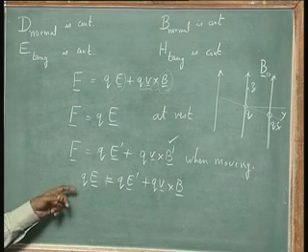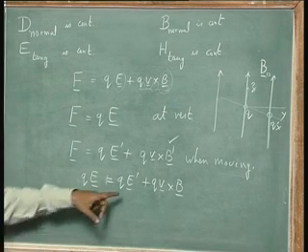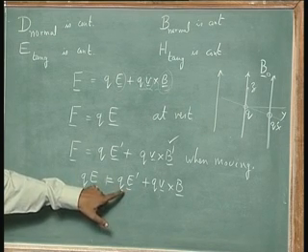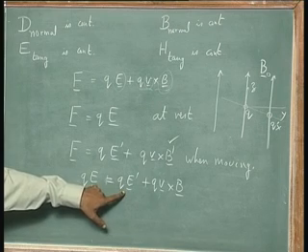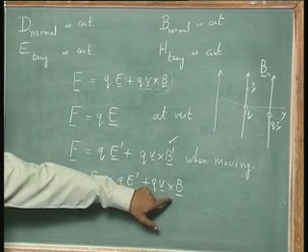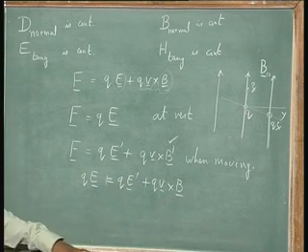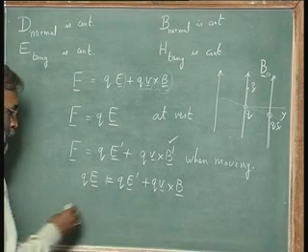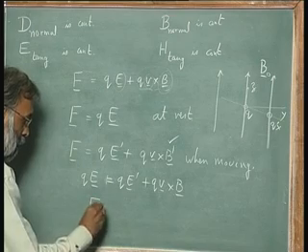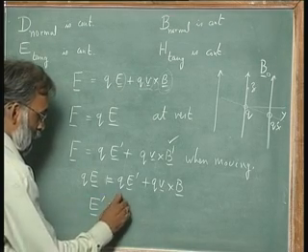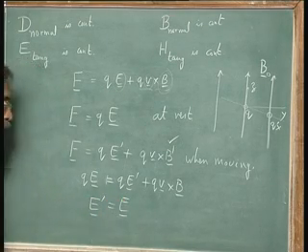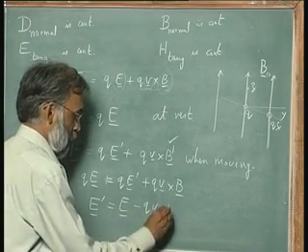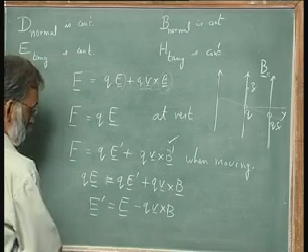So, when I move, there is a change in my electric field such that the changed electric force plus qv cross B is equal to the original electric force. Or you can look at this formula and say the modified electric field is equal to the original electric field minus v cross B.